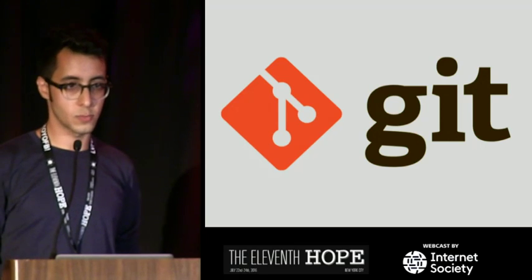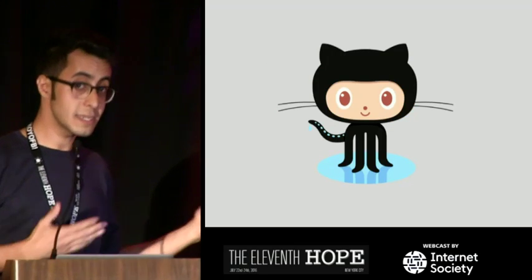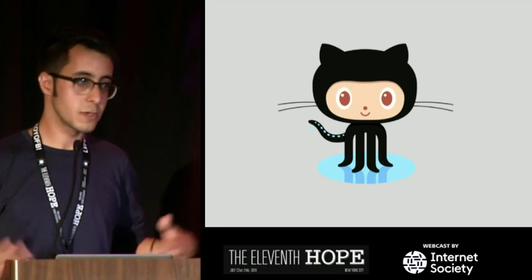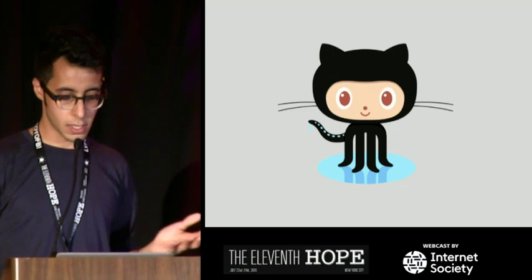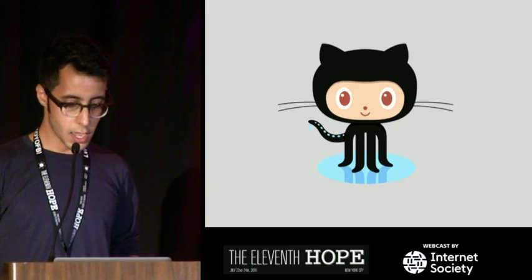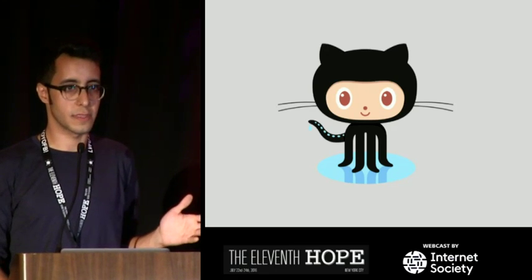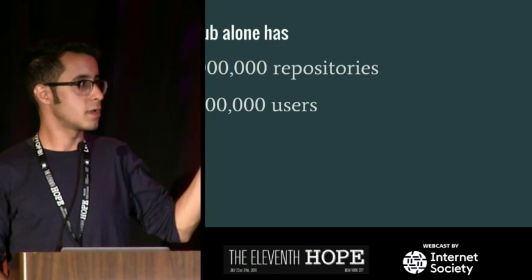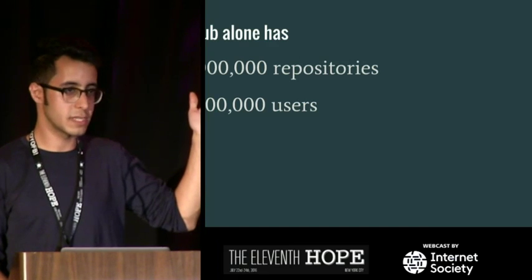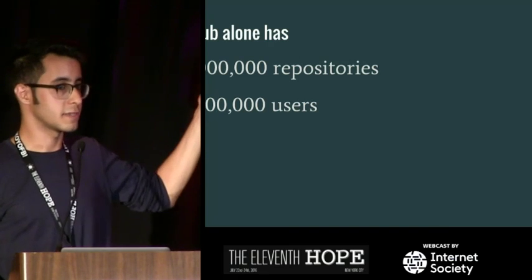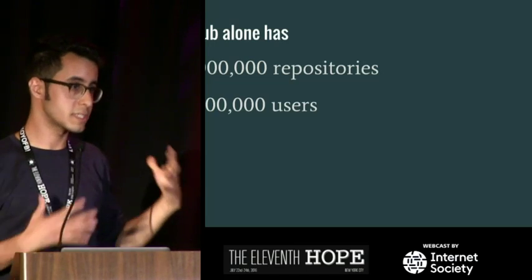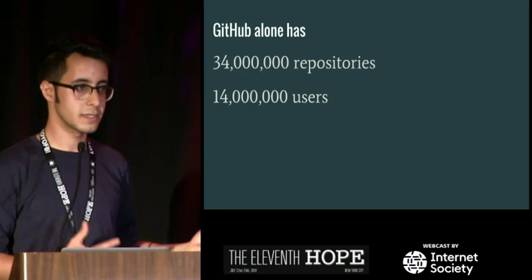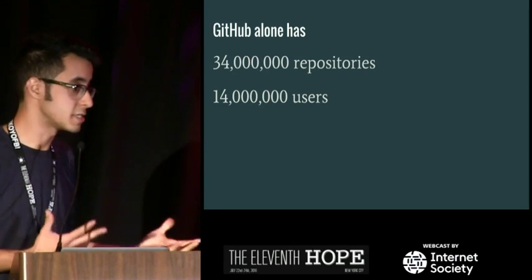And we have amazing services like GitHub that help us collaborate and communicate over this code. It's so good that GitHub alone has over 34 million repositories and over 14 million users. These numbers might be out of date as well. They're so essential to the health of the open source community, essentially part of the ecosystem.